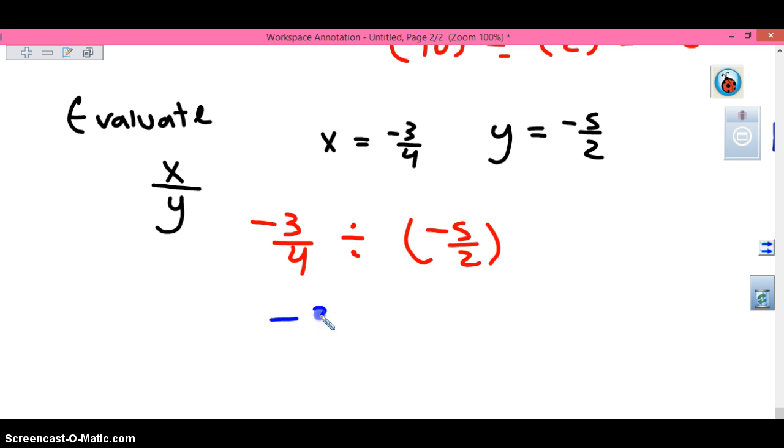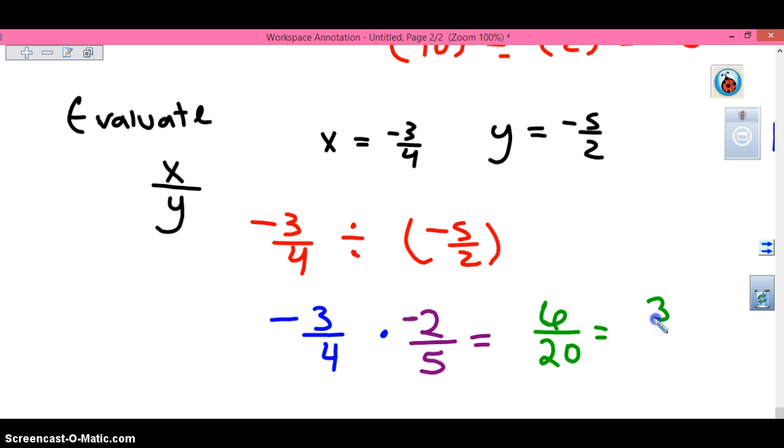We have to multiply times the reciprocal, that means times negative 2/5. Doesn't matter that I kept the negative with the numerator. Now we can multiply across. Negative 3 times negative 2 is 6, and 4 times 5 is 20. Can I simplify this? 3/10.